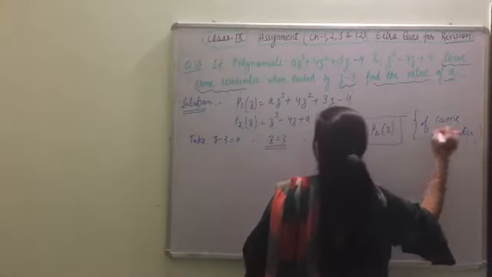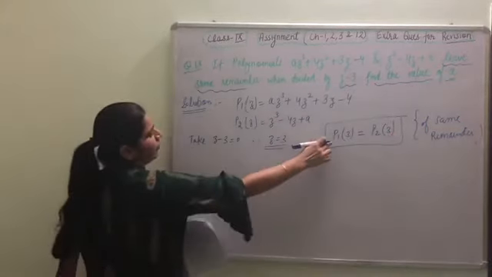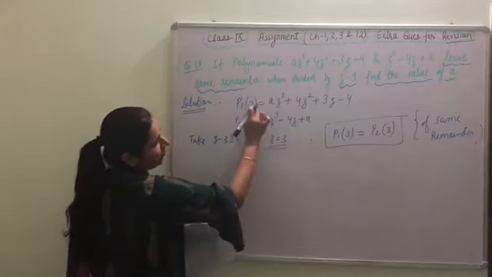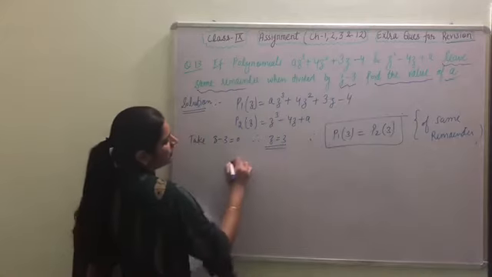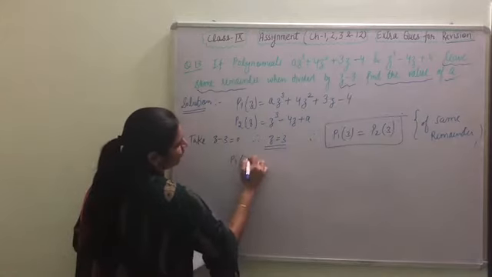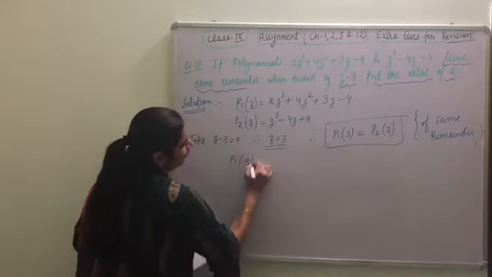Now we are finding the value of P1 of 3. We will apply 3 in place of z in the first polynomial and then in the second polynomial as well. So P1 of 3: in place of z we are writing 3.